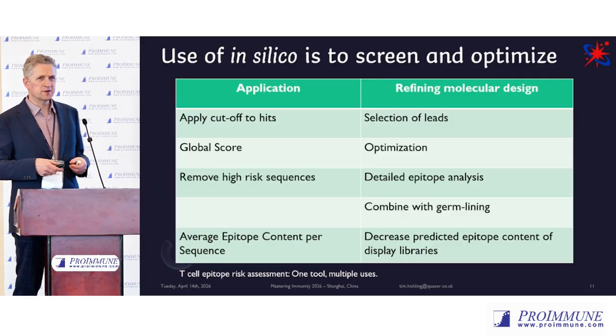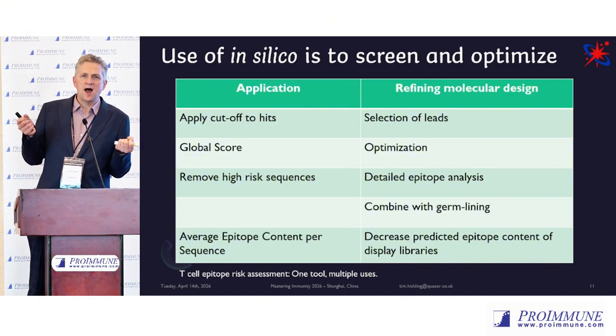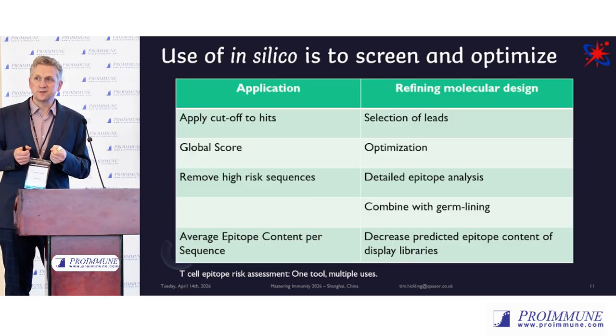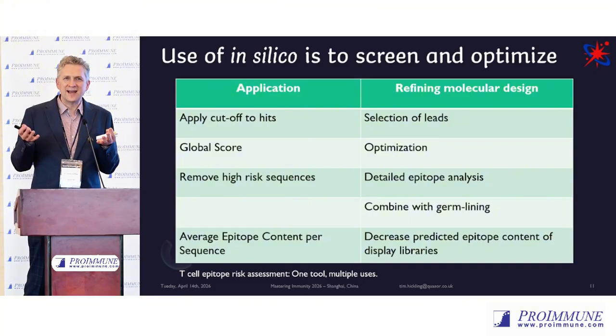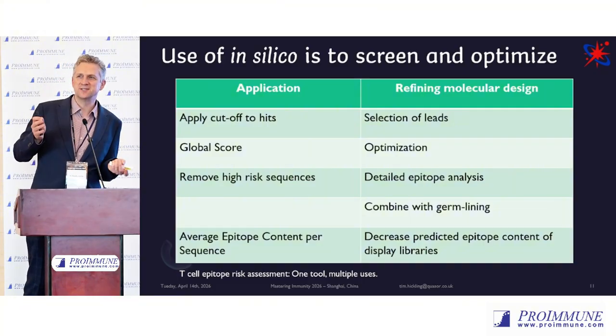Sometimes a global score can help if you've already got an idea of how many epitopes, what's the potential strength of them, and you're looking to optimize. For sure, you want to reduce that score, so you don't necessarily get to, as Julia showed, the zero epitope scenario.